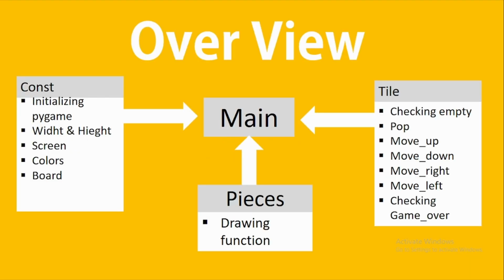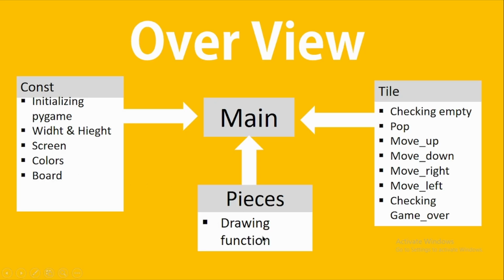Our projects will contain a const file and a main file, pieces file and tile file. The const file will be necessary for initializing Pygame and initializing the width and height variables, and initializing the screen of Pygame, colors and board. For pieces, it will have a drawing function.